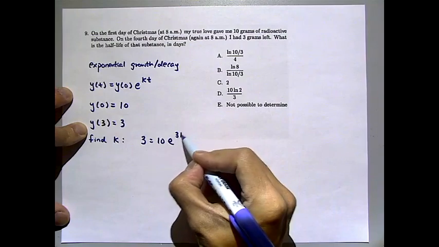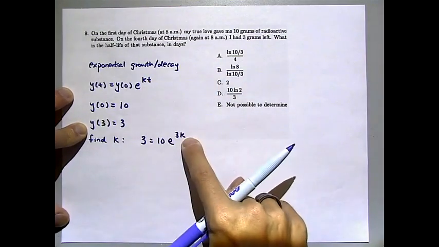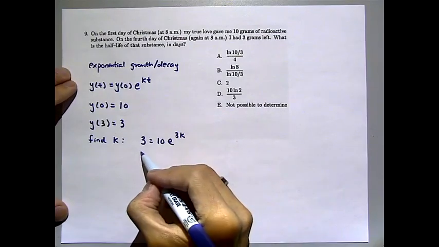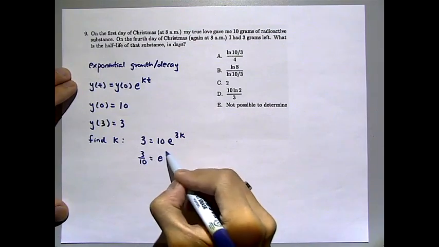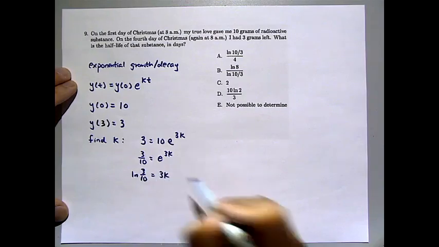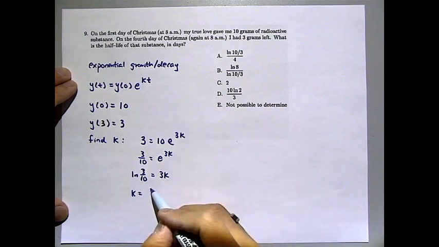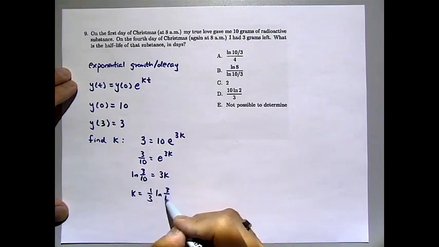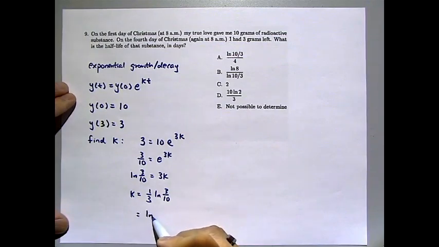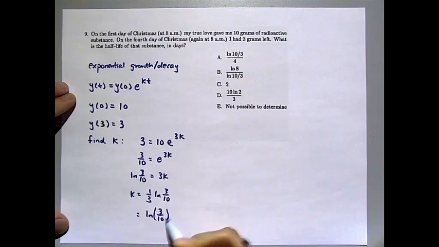So the power is 3 times K. Okay, let's find K. Divided by 10. Take the log. So therefore, K is equal to 1 over 3 natural log of 3 over 10, or natural log of 3 over 10 to the power of 1 over 3.